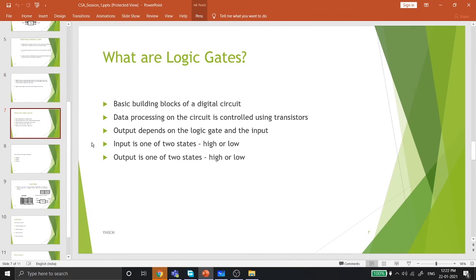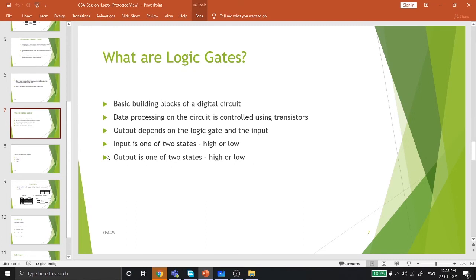What are logic gates? I just said that they are the building blocks of a digital circuit, and they are used for data processing on the circuit, controlled by using transistors. In olden days, transistors existed as separate components, individual transistors in a computer. Nowadays transistors are nano sized and combined together in an IC chip or a processor.